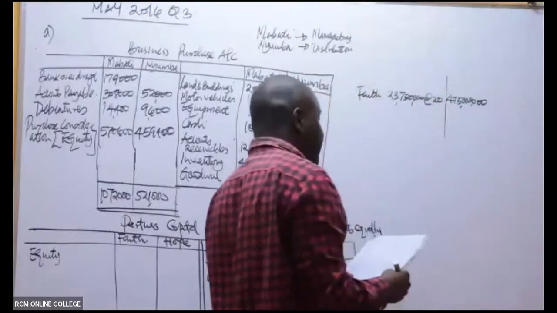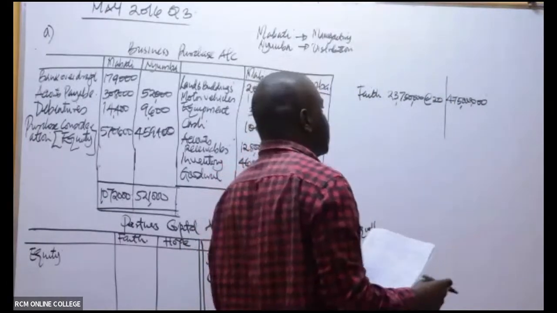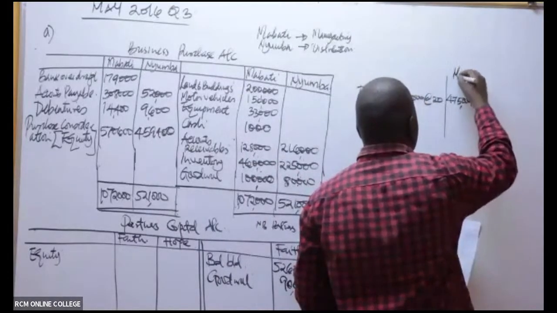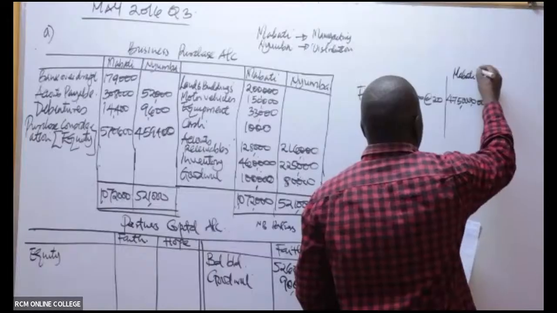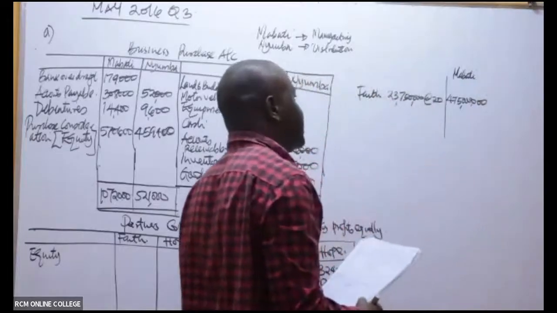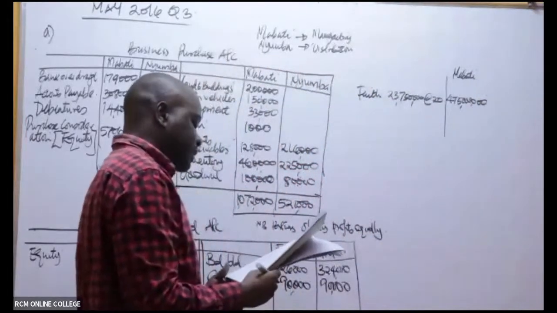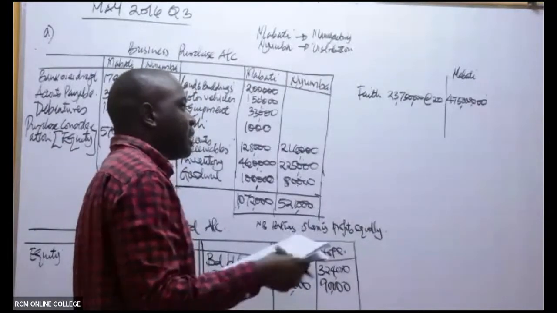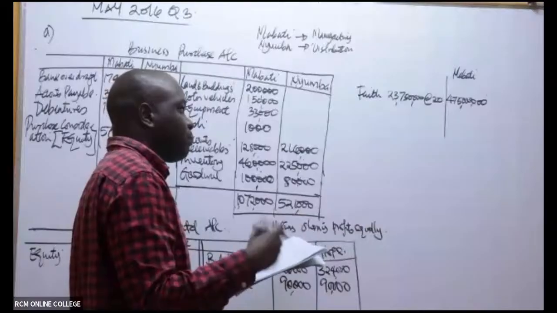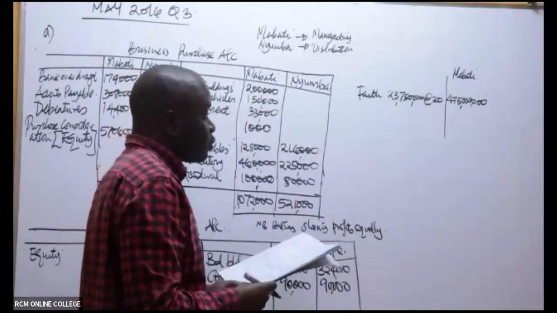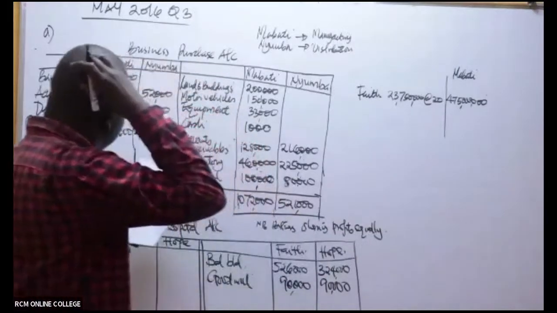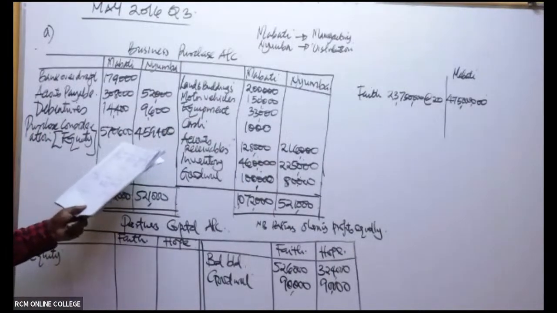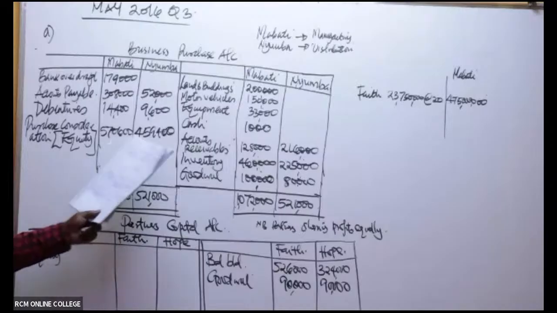So she agreed that this one be the portion she is going to acquire as capital in Mabati. But the other balance she'll acquire or top up in Nyumba Limited. If you look at Mabati, the total equity is 570,600 million.